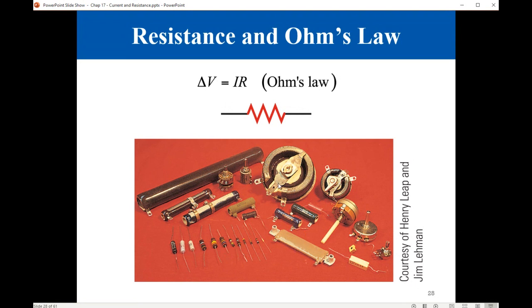This is called a wire resistor. This is also some kind of wire resistor. We have variable resistors and we have fixed resistors. These ones here are variable resistors. When you turn the knob here, you change the value of the resistor. Regardless of the way the resistor is fabricated, we use this symbol for the fixed resistor.